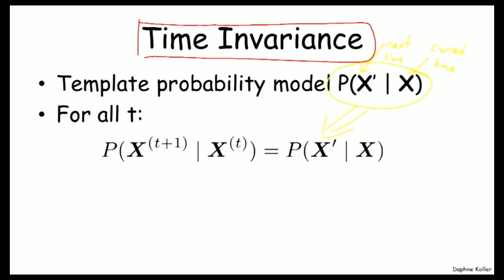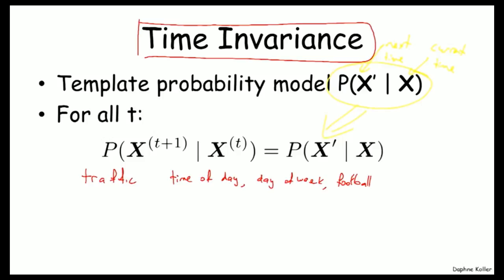So let's imagine that this represents now the traffic on some road. Well, does the dynamics of that traffic depend on, say, the current time point of the system? On most roads, the answer is probably yes. It might depend on the time of day, on the day of the week, on whether there's a big football match, on all sorts of things that might affect the dynamics of traffic.